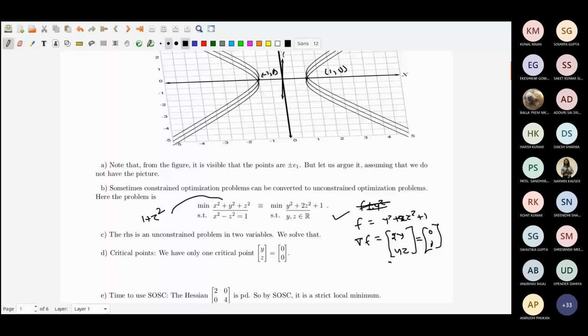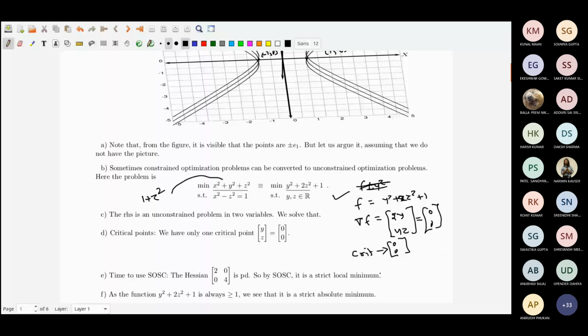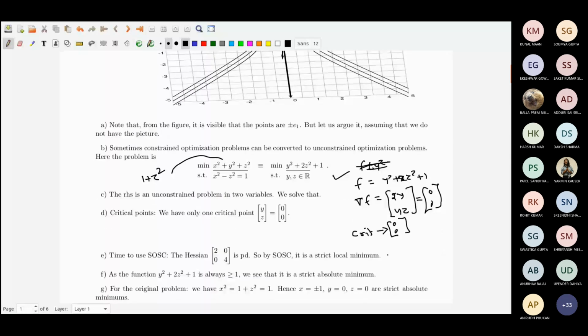Once I have found the critical point, I do not know whether it is minimum or maximum. But nevertheless, you can apply the second order sufficient condition. What does it say? Now you find out H of A, where A is this point.